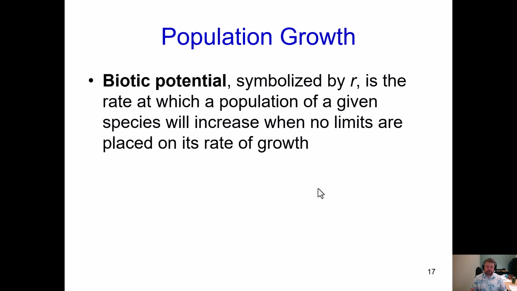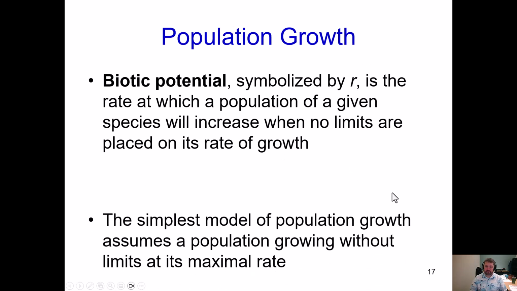So this would just be based on the ability of that species. How many offspring does the species produce? How long do those offspring wait before maturation? And then really, what's the maximum at which that population can grow? That's symbolized by r, the biotic potential of that species.